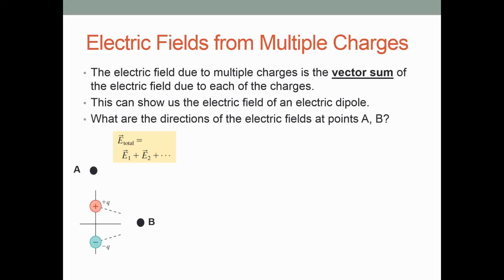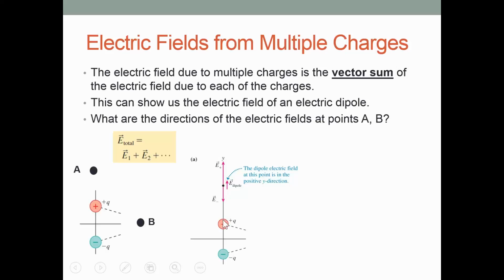Let's look at point A. We have our positive and negative charge. At point A, we have an electric field from the positive charge that's moving away. You'll notice that this electric field from the positive charge is greater than the electric field from the negative charge. So at this point, we have an electric field from this charge and an electric field from this charge.